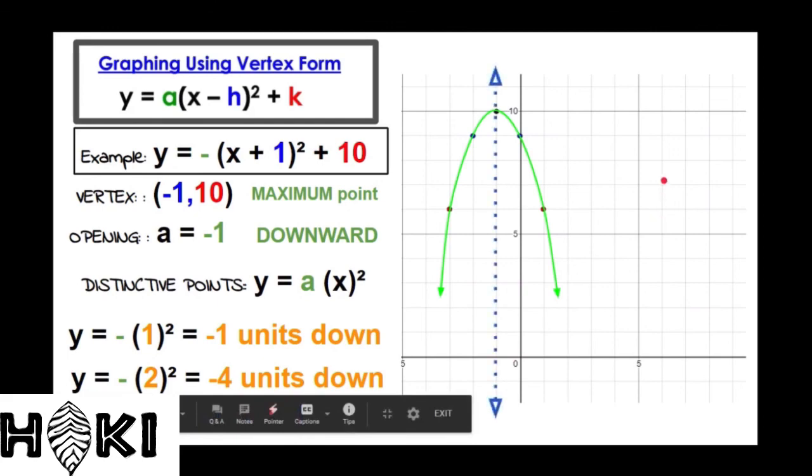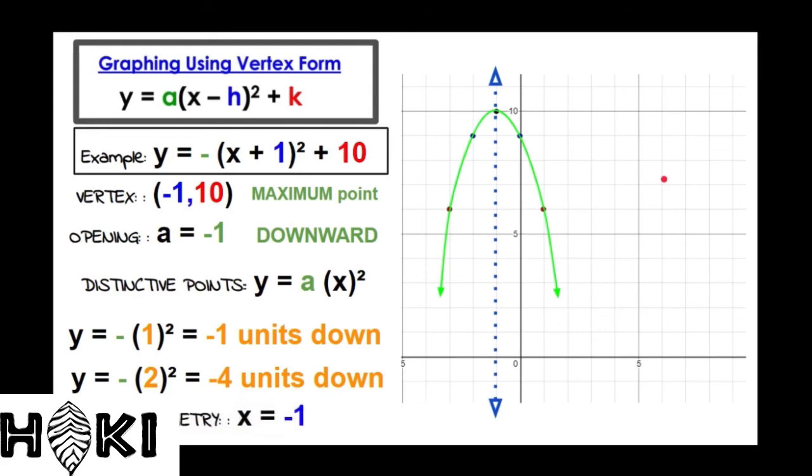Ayan. That is your axis of symmetry. Again, this is the mirror. The axis of symmetry divides the parabola into 2 congruent parts or 2 equal parts. Okay? So that's how we graph a quadratic function in vertex form.